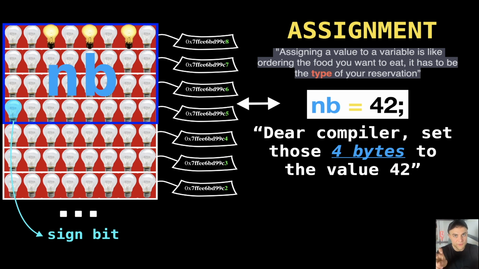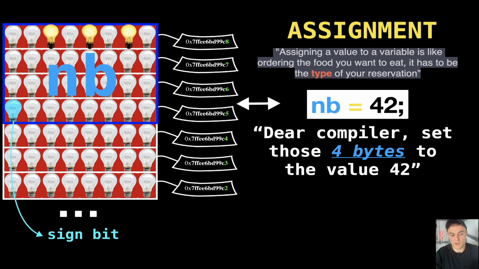If you reserve bytes for an integer data type, you cannot put inside a string or, I don't know, a float and so forth. You need to give the value which is related to the type of the client, right? You understand me? So in this case, I have my variable nb that was declared and defined. Now I assign the value 42 to this variable.